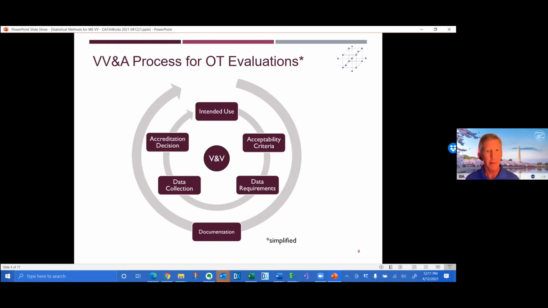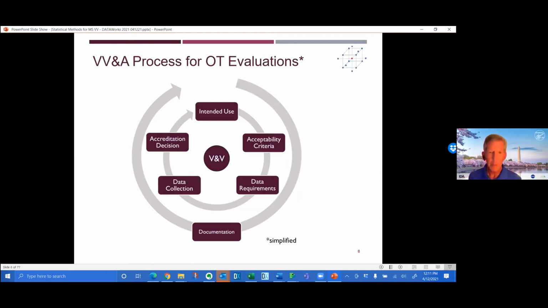We have to lay out and describe and agree upon the intended uses of the simulation so that we can assess it from a verification validation perspective, and then get into what we are going to use to determine whether or not we're meeting the intended uses, the acceptability criteria. What sort of data do we need, what form is the data going to be in, what do we do with the data once we have it, and then how do we use that to make informed decisions about V&V and accreditation.